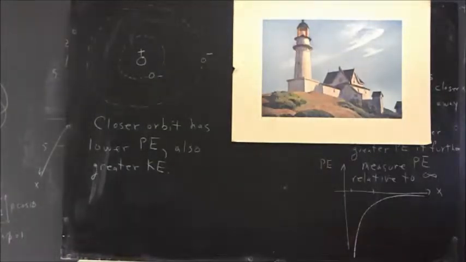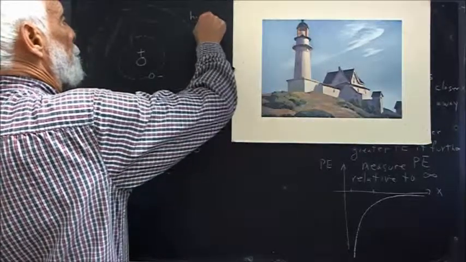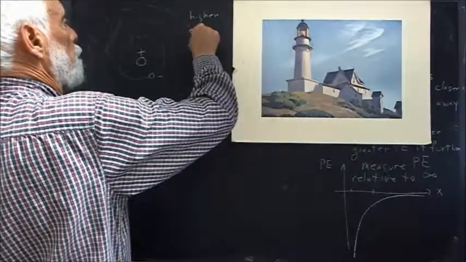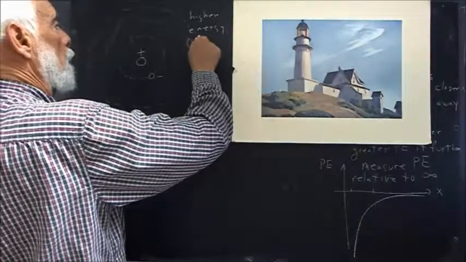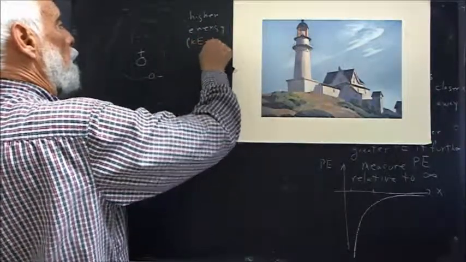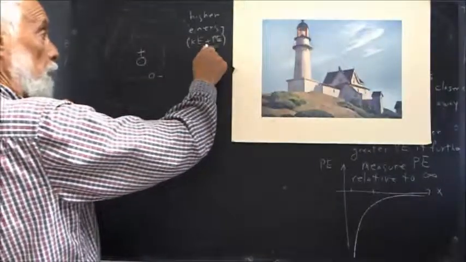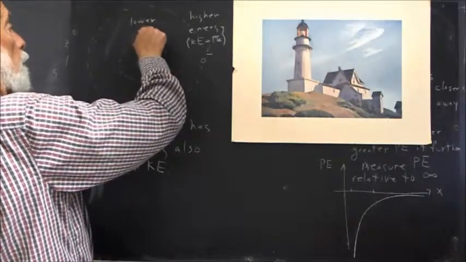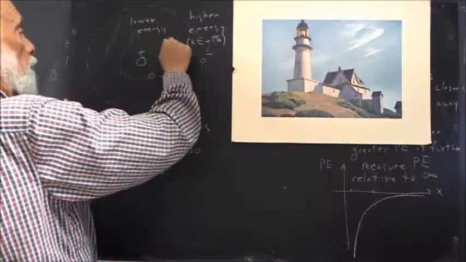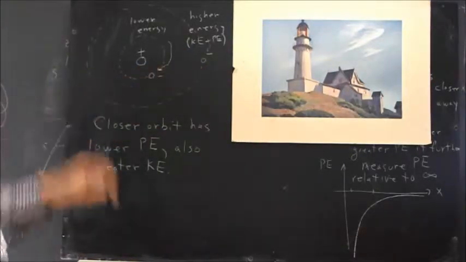Now, okay, this is a higher energy. Higher kinetic energy plus potential energy, and a lower energy. So you have a higher energy state, a lower energy state.